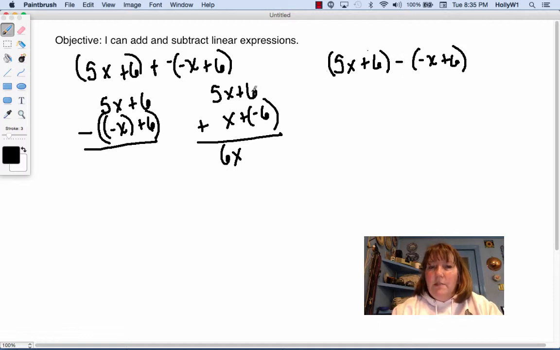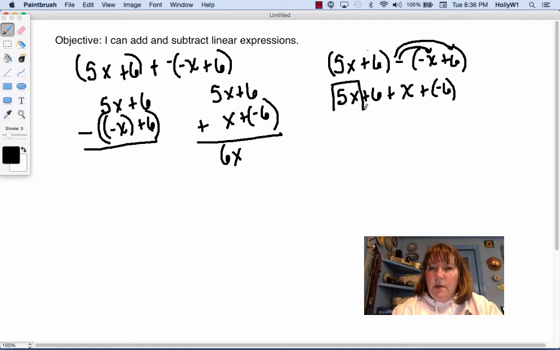Just like we distributed that negative in this part of the expression, we're going to do the same thing. This negative gets applied here, and it gets applied here. So we have 5x plus 6 plus negative times negative x is x. Negative times 6 is a negative 6.